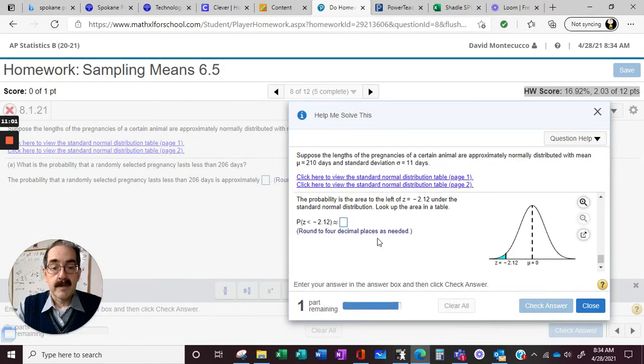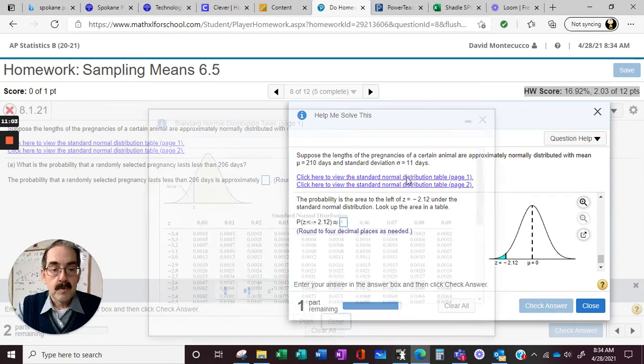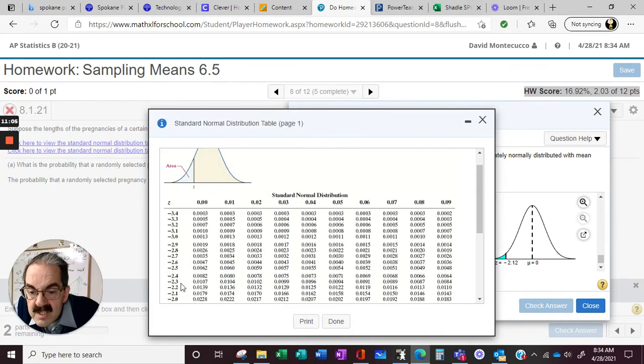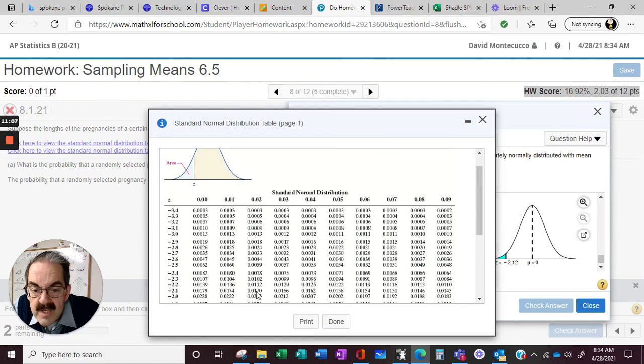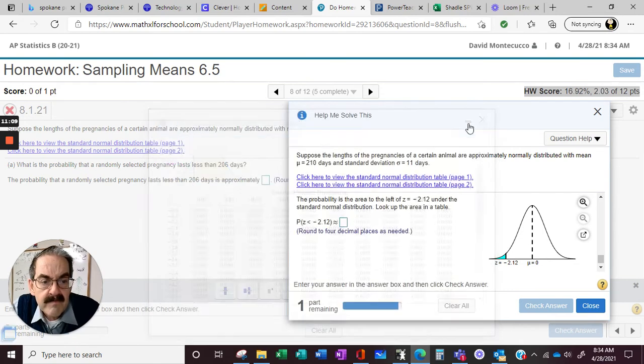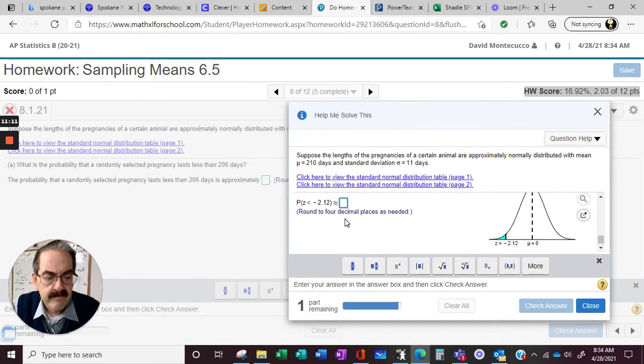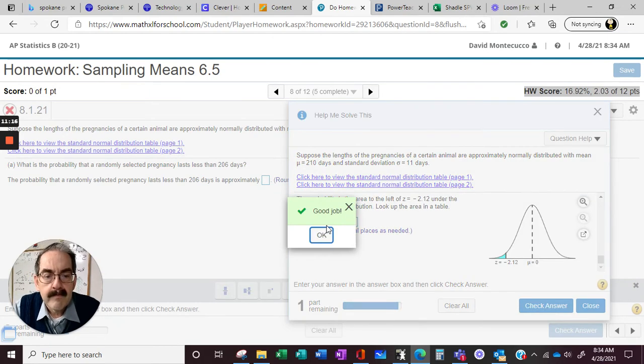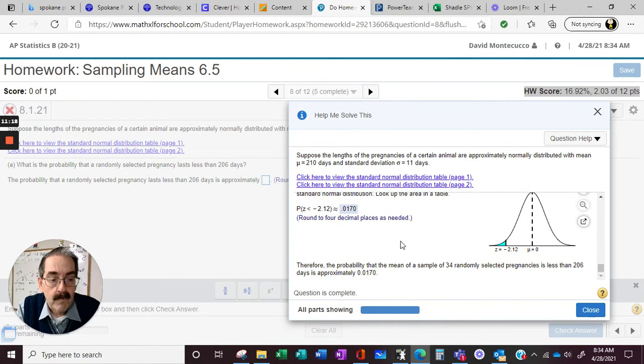Now we're going to go back to the curve, 212, 170. Okay. Wow. A 12-minute problem.